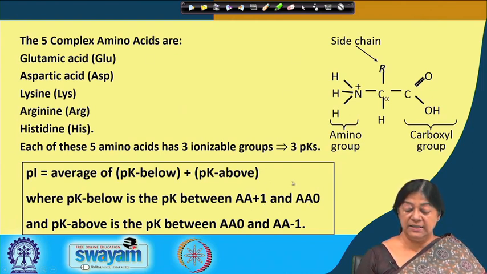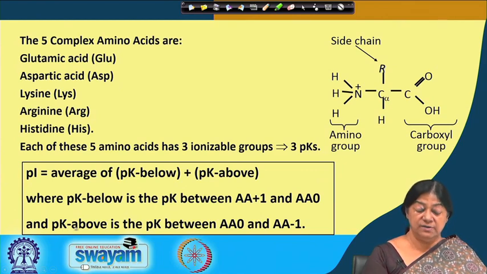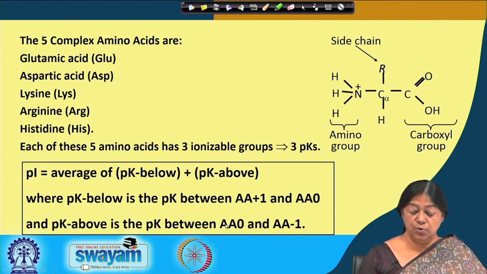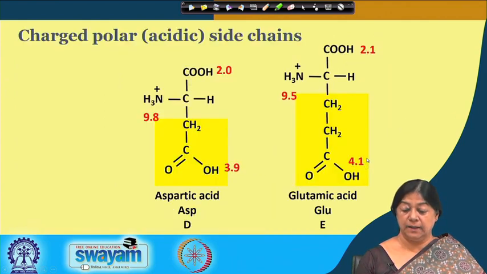There is a pK that is going to be responsible for the charge going from +1 to 0. Similarly, there is going to be a pK responsible for the charge going from amino acid charge 0 to amino acid charge -1. It is these 2 pKa values that we have to find out, and the average of that is going to be the pI of the particular amino acid.